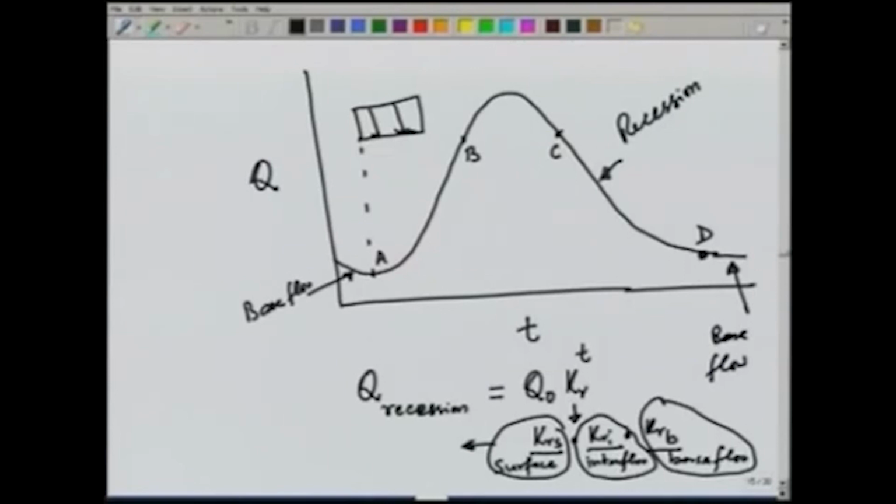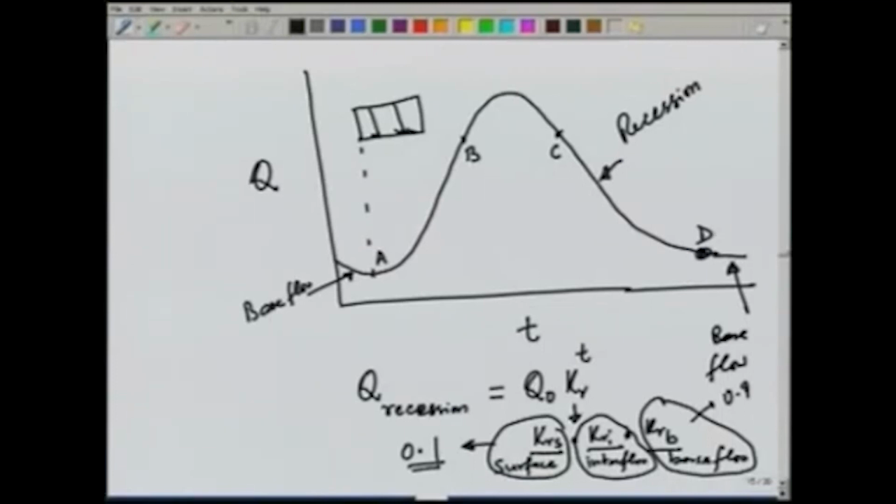There are some typical values which are generally used for these coefficients. So, Krs is typically taken as 0.1 and Krb is typically taken as 0.9. So, this decreases very slowly, this decreases at a quite fast rate. So, this tells you about the recession limb. Point D is the point at which we say that the direct runoff has ended and base flow has started.